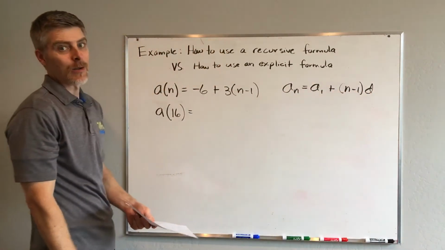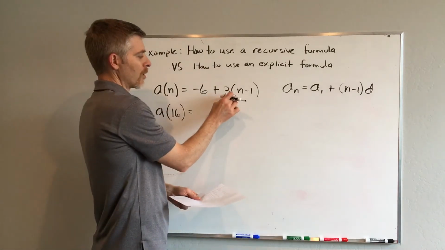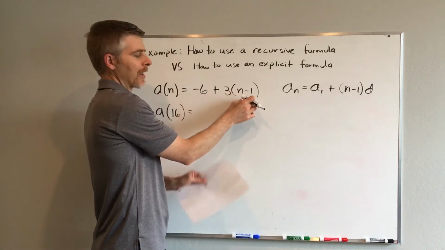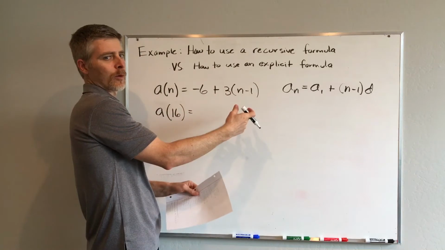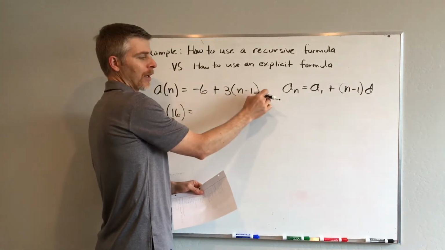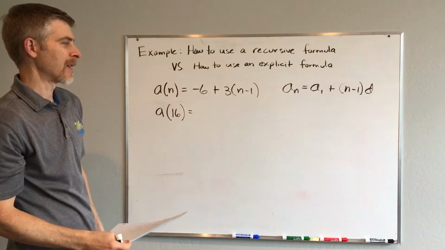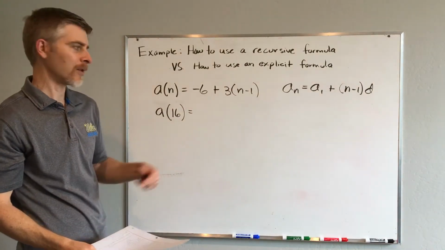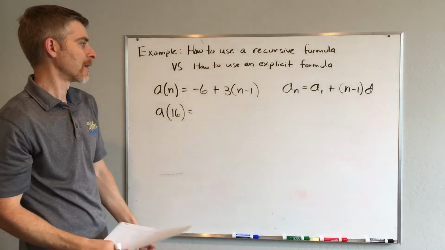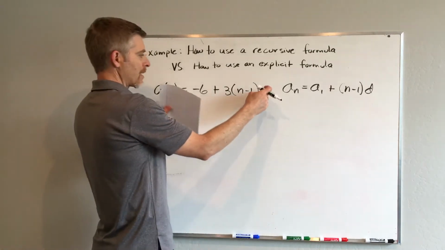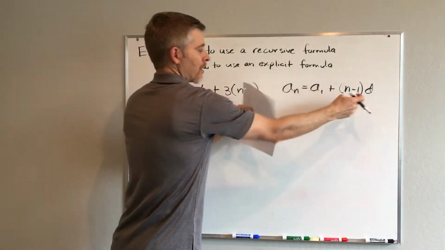You just need to get used to that. When you're multiplying two things together, it doesn't matter which order you multiply in. We could put the 3 on this side or the 3 on the front. Either way, because of the commutative property of multiplication, you could write it either way. So, this is an explicit formula.